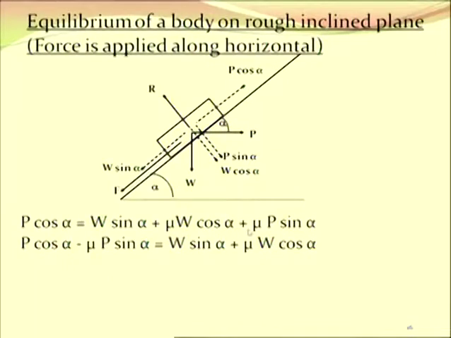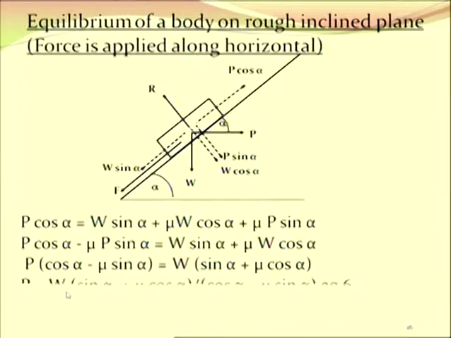Here this term has been taken on the other side, making P common from these two and W common from these two. So P (cos alpha minus mu sin alpha) equals W (sin alpha plus mu cos alpha), making P the main parameter.